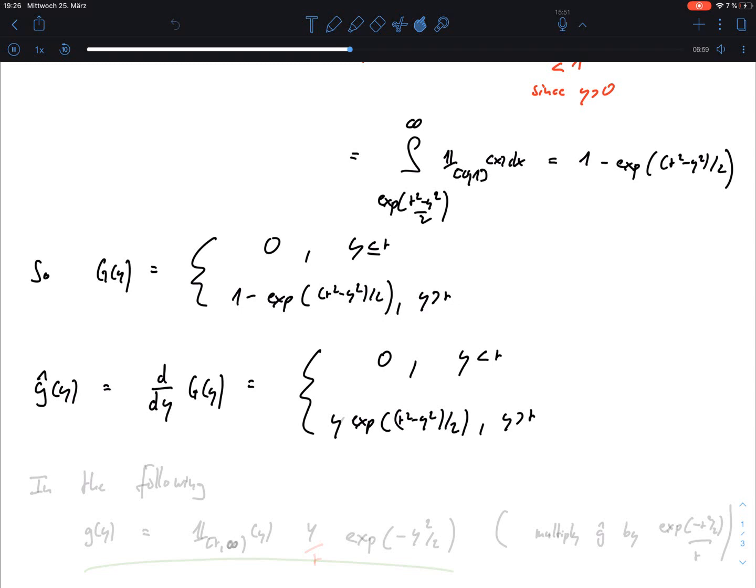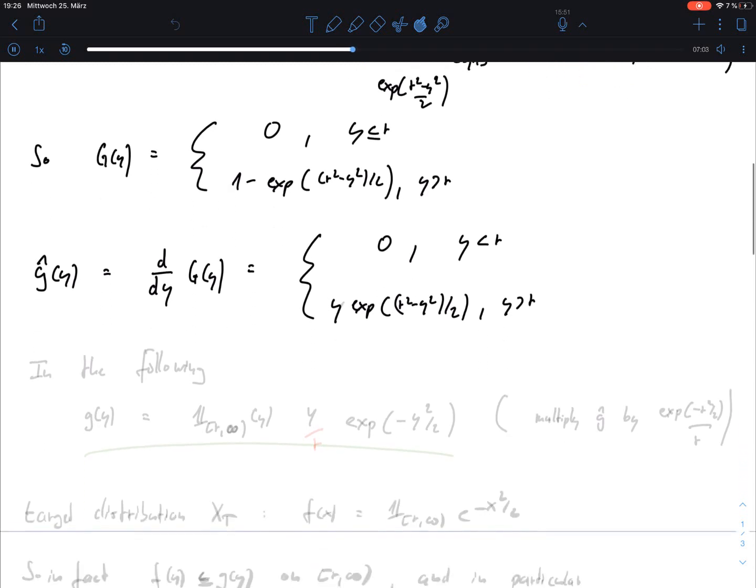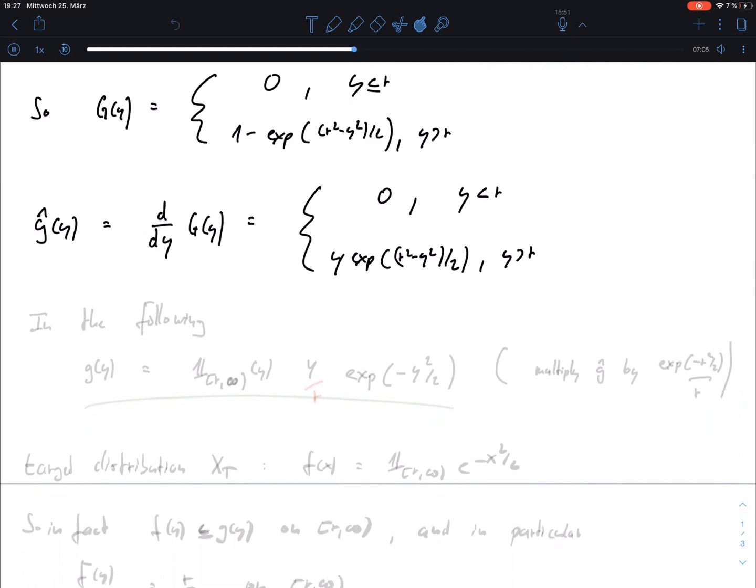Okay, so we have the density, except at one point, but one point doesn't matter, and which pseudo-density we can use now.